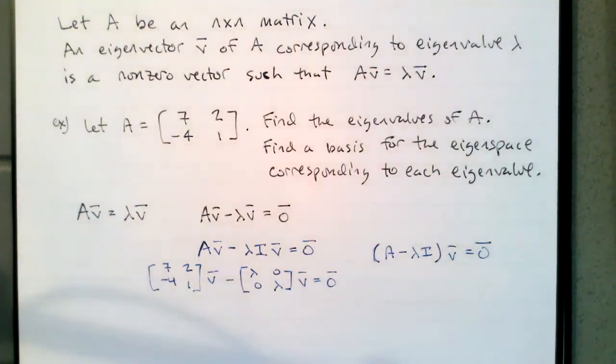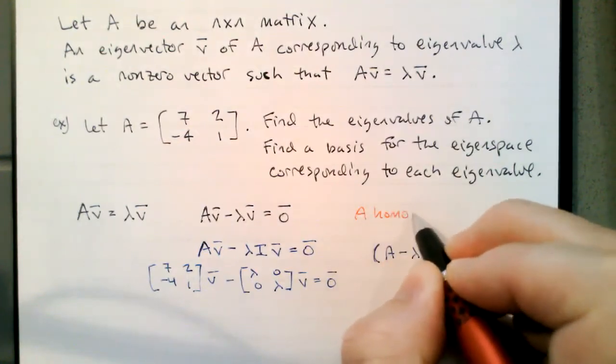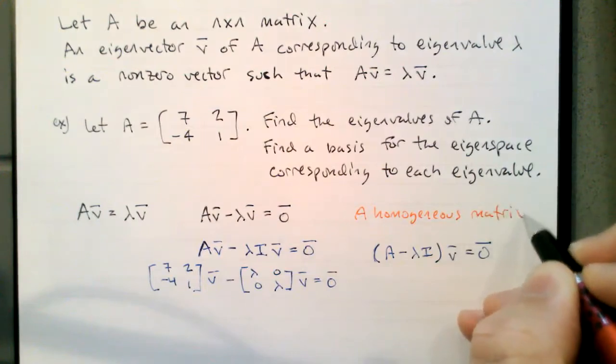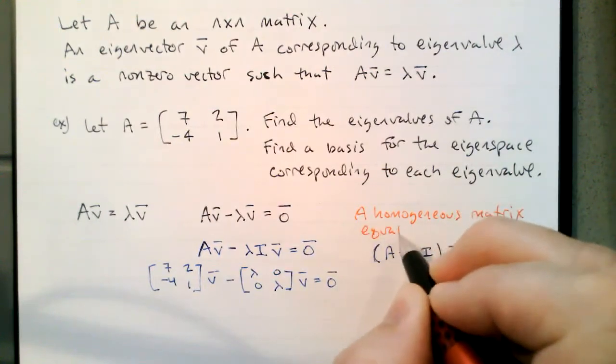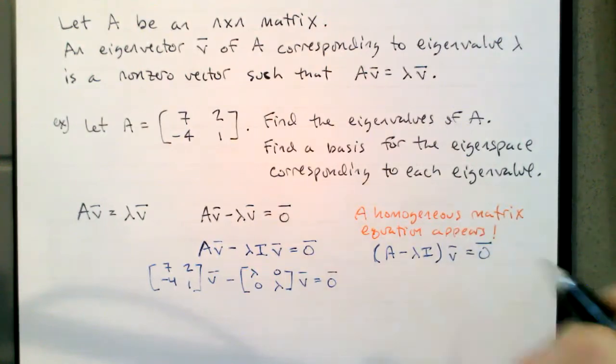So here is a homogeneous matrix equation, where the matrix is A minus lambda I times V is equal to 0.